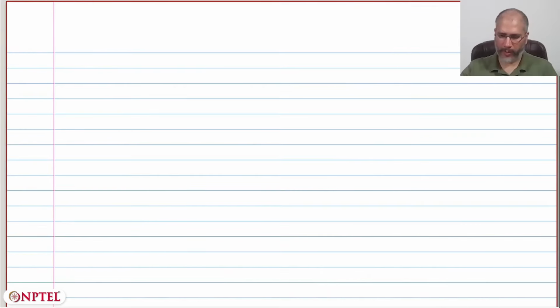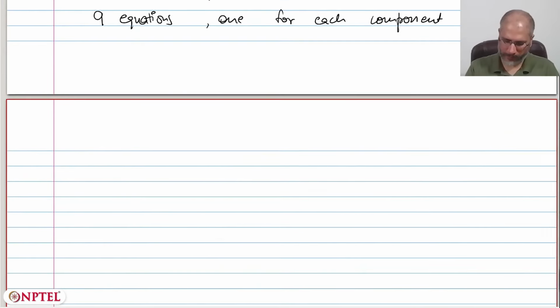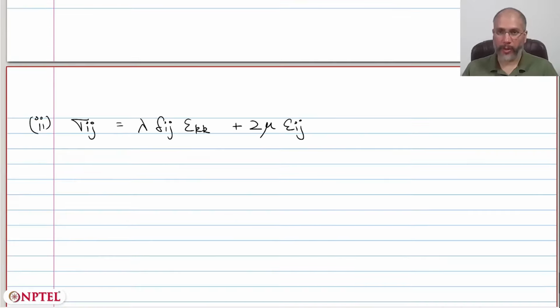And then in the second part, it is asked how many terms are there on the right hand side of each equation. So this is the equation, and we've been asked how many terms are there on the right hand side of each equation. So let's expand the right hand side.